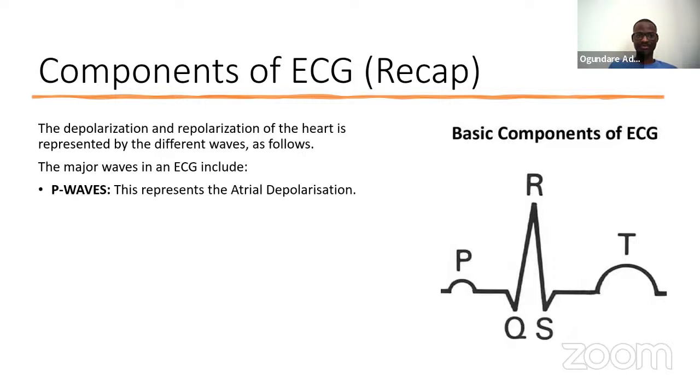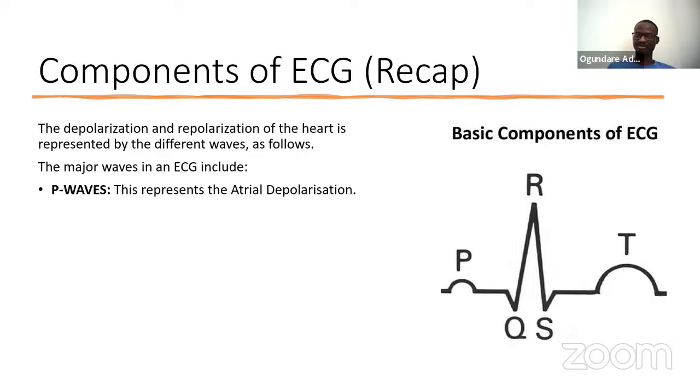The P wave represents the atrial depolarization, and I said for the benefit of this training, when I say depolarization, just take it as contraction. And when I say repolarization, you take that as relaxation.